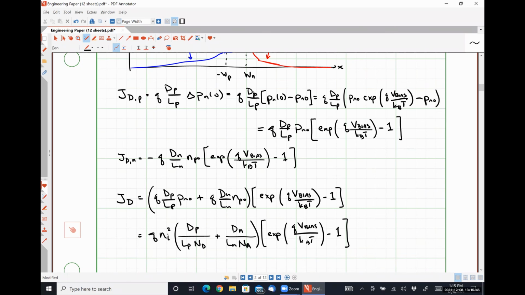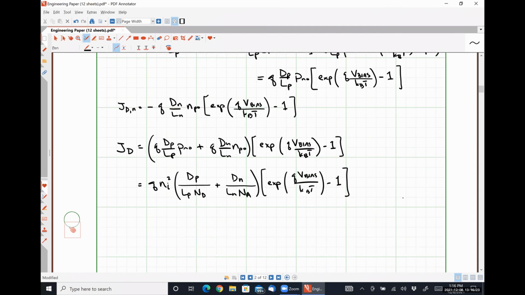This equation, whole thing here, is known as the ideal diode equation. So it tells us how much current is carried, or really the total current density in a diode. It depends on our bias voltage as well as the parameters of the semiconductor we use to make the diode out of. Right?